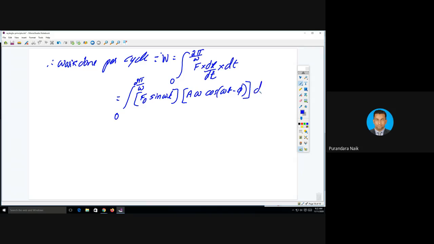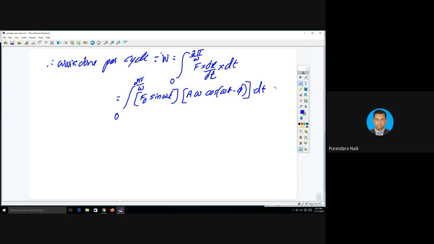This is what dx by dt is, the differentiation of x with respect to time, into dt.